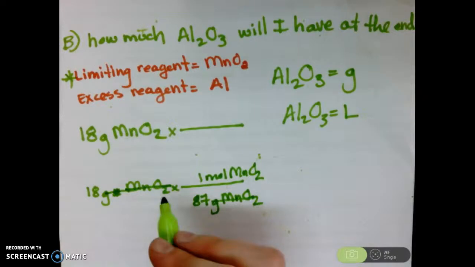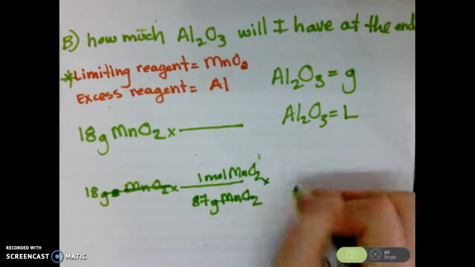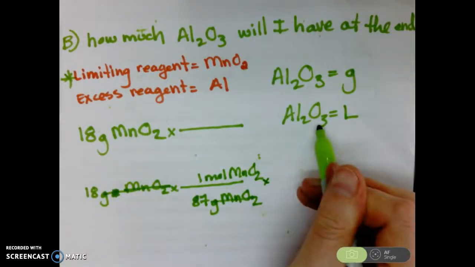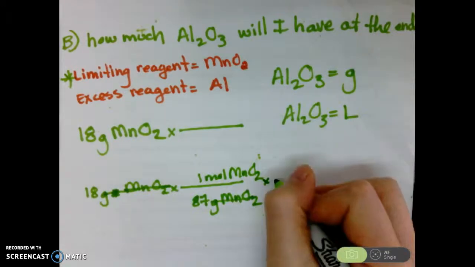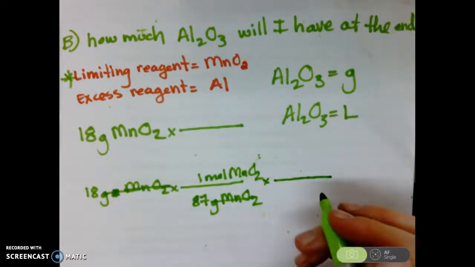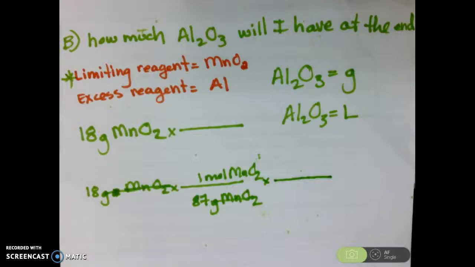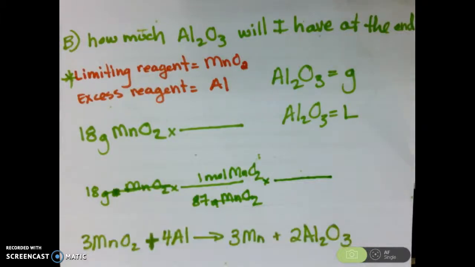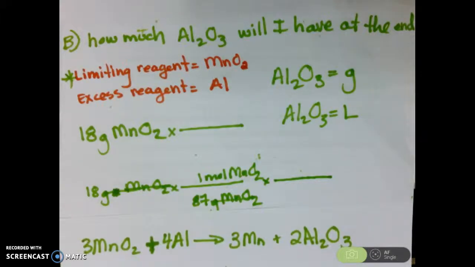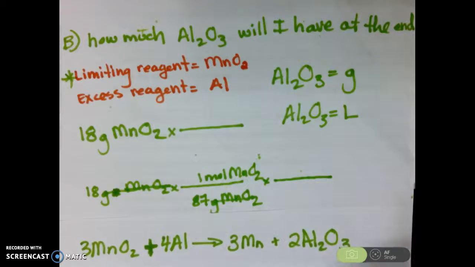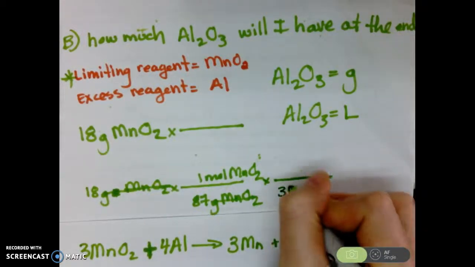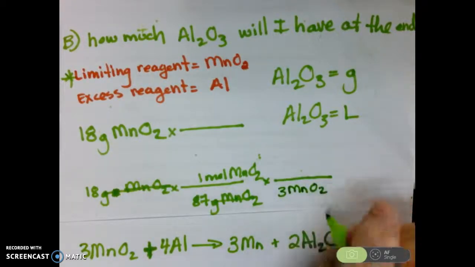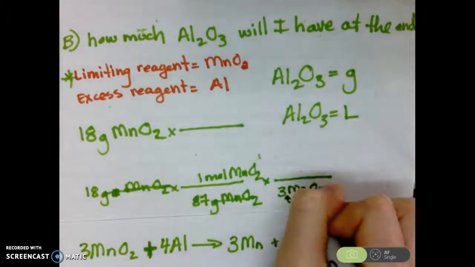Now I know that I eventually have to get to this aluminum oxide, so we need a mole ratio. We need to look back at our equation, and here it is at the bottom. We have 3 manganese oxides to 2 aluminum oxides. So we put 3 manganese oxides at the bottom, and that's moles.